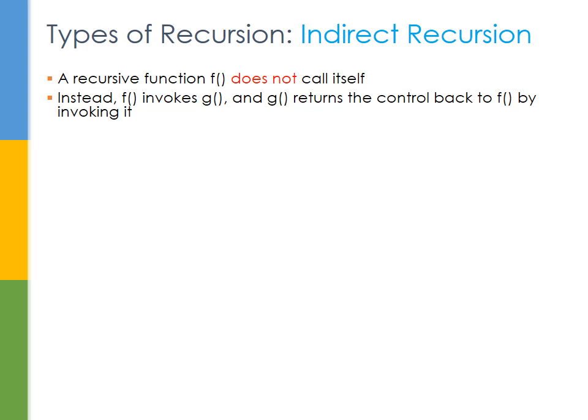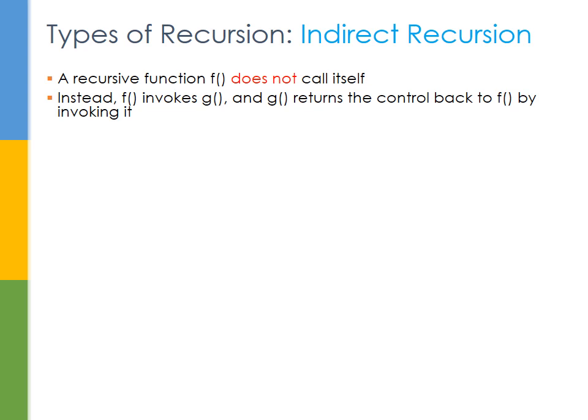And this is referred to as indirect recursion rather than direct recursion. Direct recursion is a situation where we have a function that calls itself directly, and indirect recursion is where we have intermediary functions, one or more intermediary functions, which then eventually result in the first function being called again.